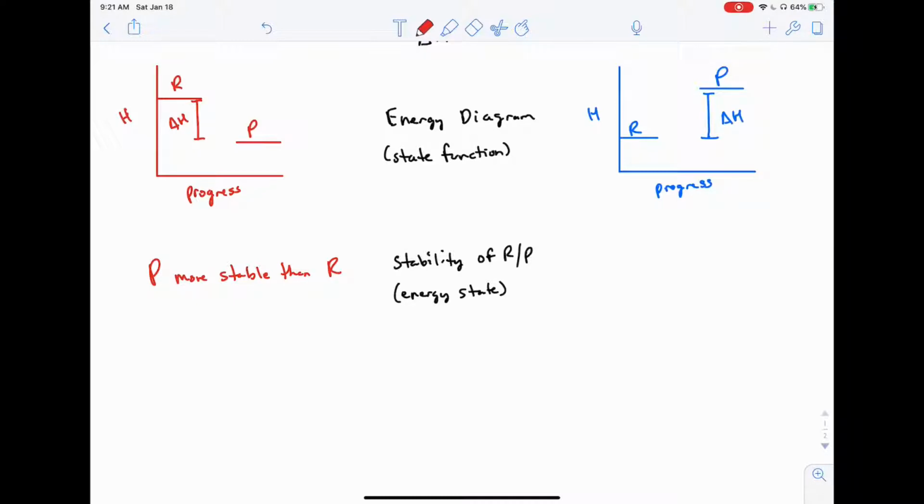So if the products require less energy to stay in that state, they're more stable. And conversely, on the endothermic, the reactants are more stable than the products, because you have to provide energy to actually react.